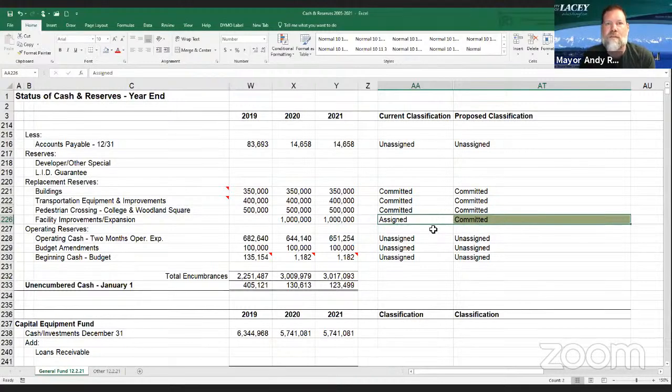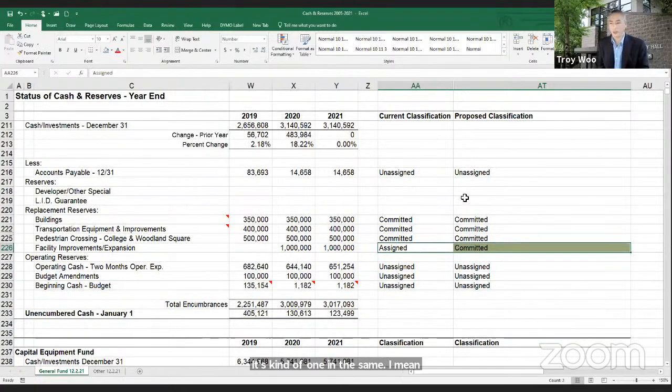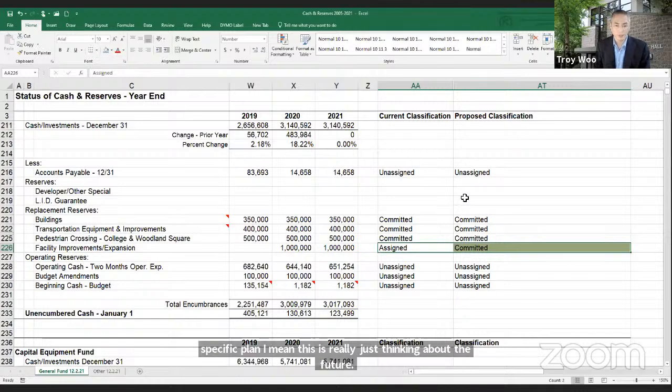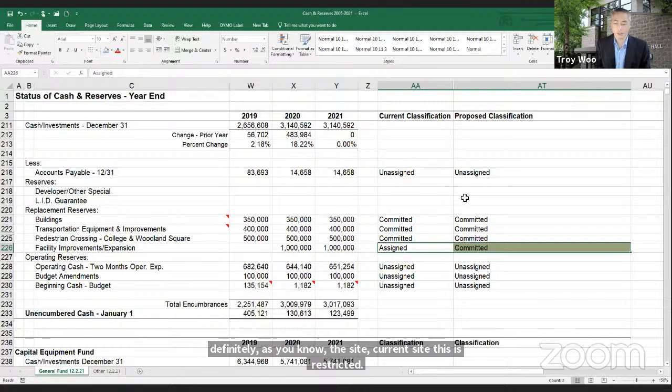Correct. It's kind of one and the same. I mean, streets is definitely a part of that. I don't think we have a specific plan. This is really just thinking about the future. As you know, the current site is restricted, and we're obviously a growing city, so it's really just identifying that far future potential.